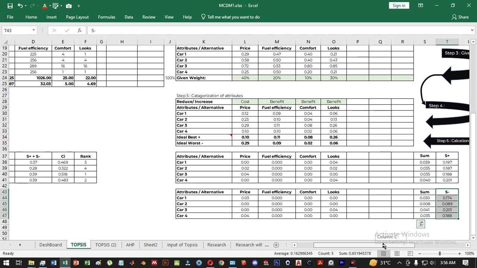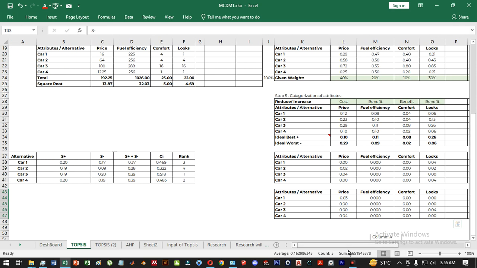So we put all these S plus and S minus numbers here. Then we sum them, and we get CI, the closeness to the feasible solution. What I've done here is divide the S minus cells by the sum values.